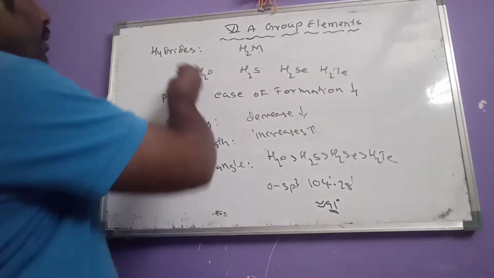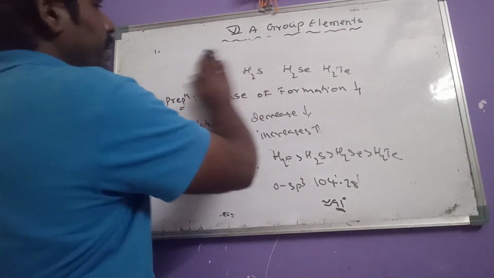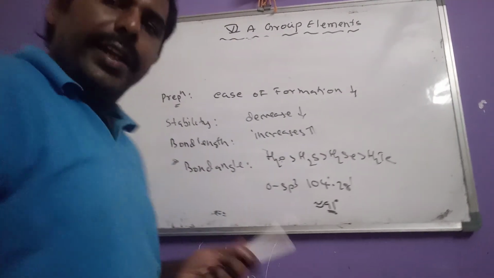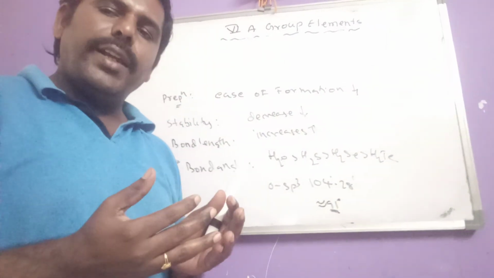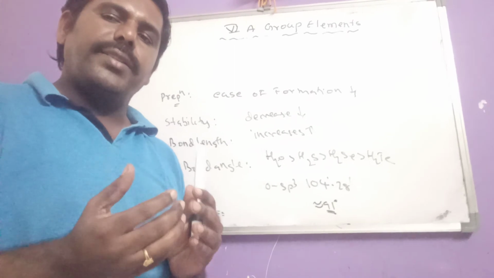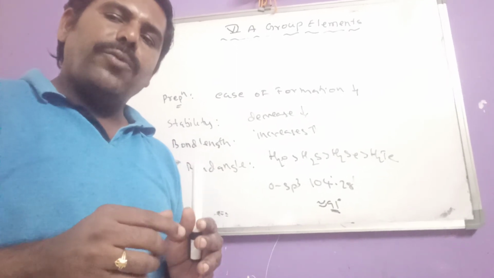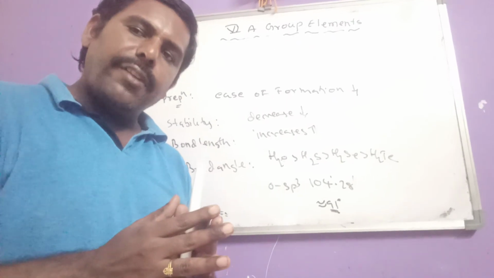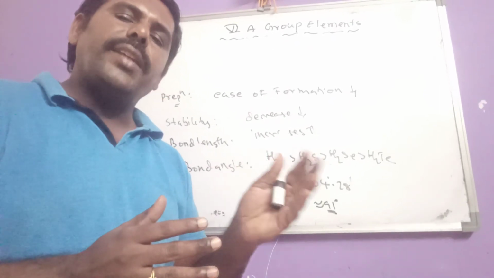Then another property: H2O is a liquid, but H2S is in the gaseous state. We can get this question also: why does H2O exist as a liquid but H2S as a gas?